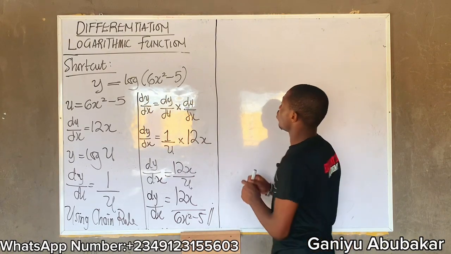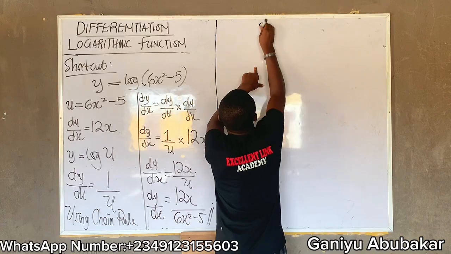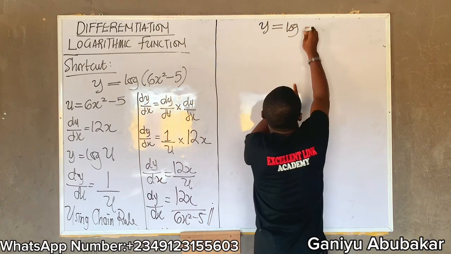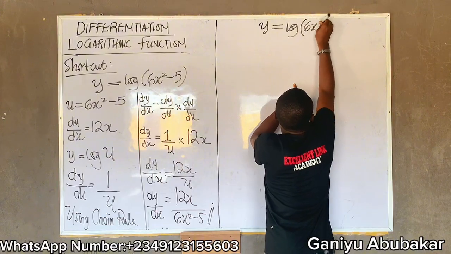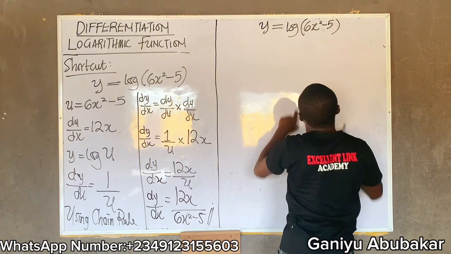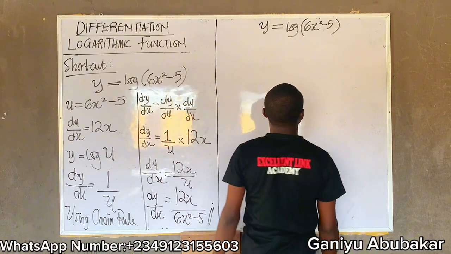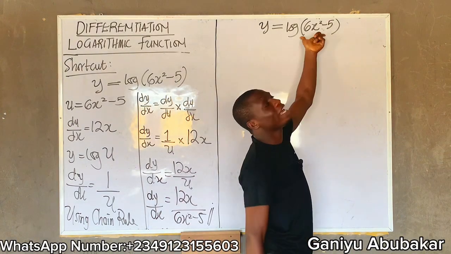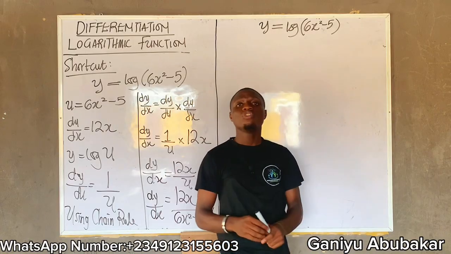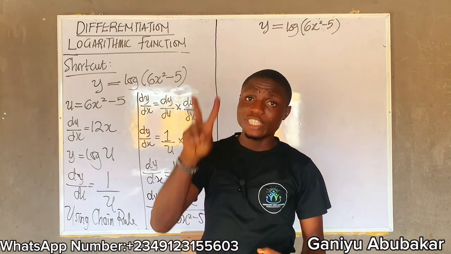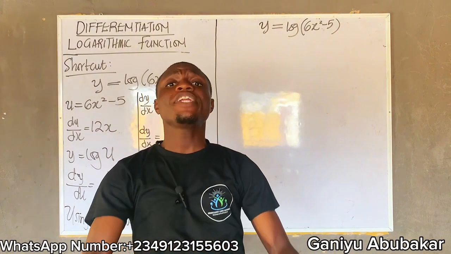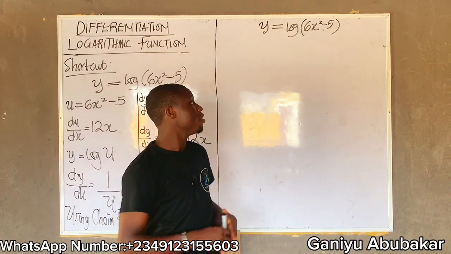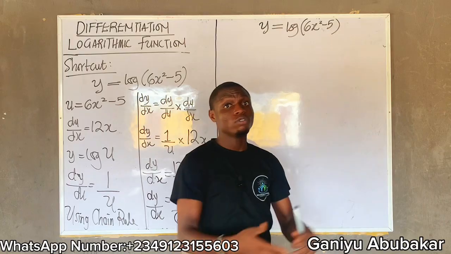Let's now apply the shortcut. For the shortcut, we have that y is equal to log of 6x squared minus 5. The shortcut is that we said differentiate the term in bracket as your answer for numerator. The second step is to repeat the question, or you call it the function as the case may be, as your answer for denominator.